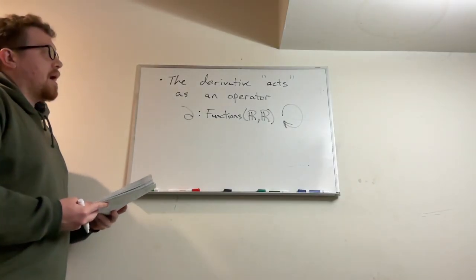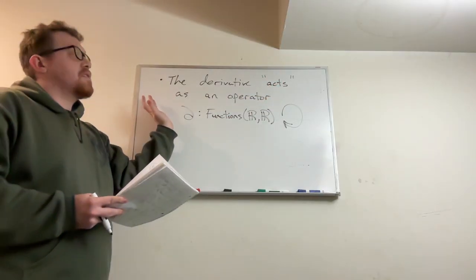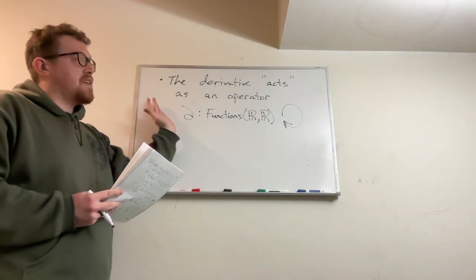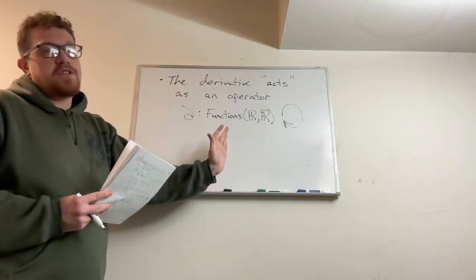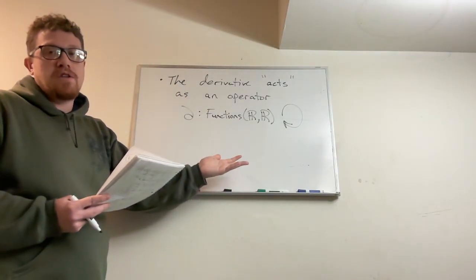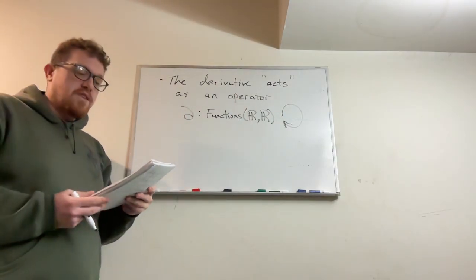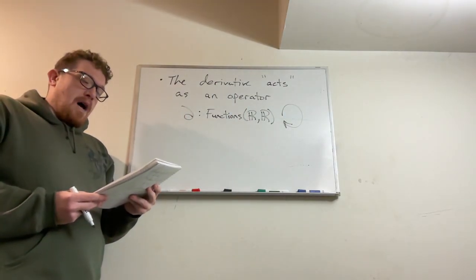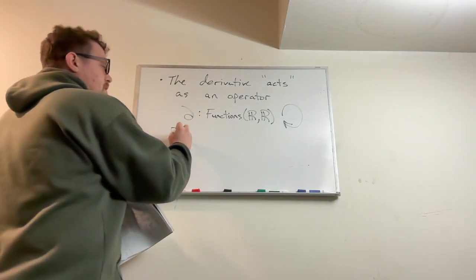But if it's a nice enough function, then this makes sense, and we can say that it acts as an operator that sends functions to other functions, which we call the derivative function. And then you can take the derivative of the derivative, that would be the second derivative function, right? So like the one we were just looking at, let's write that as an example for our notes.